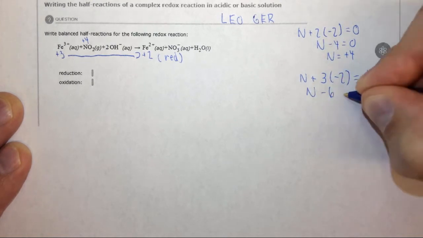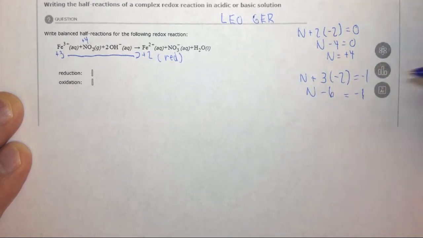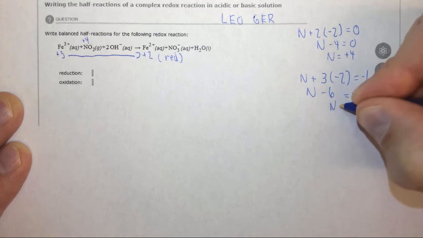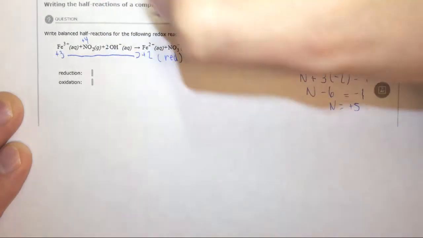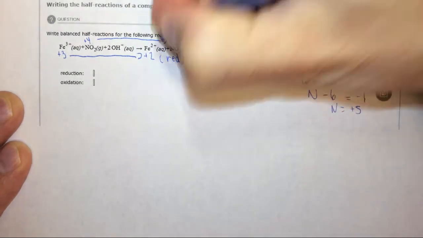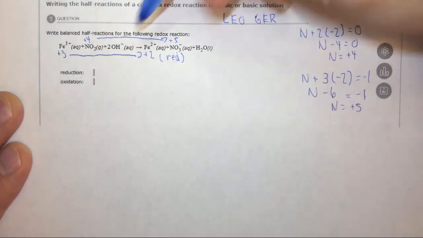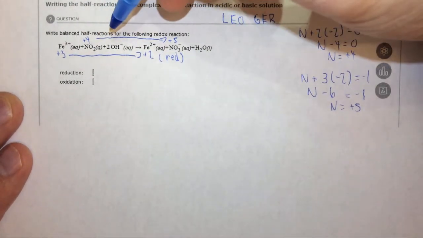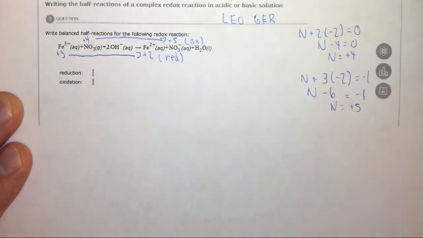N minus 6 equals minus 1. Add 6 to both sides. N equals plus 5. So it goes from plus 4 to plus 5. And here, we have lost an electron, so this is oxidation.